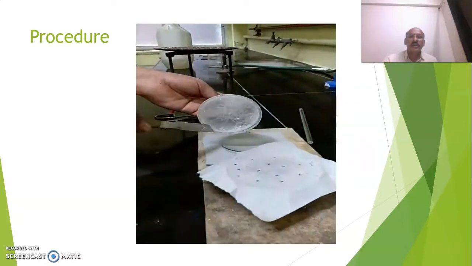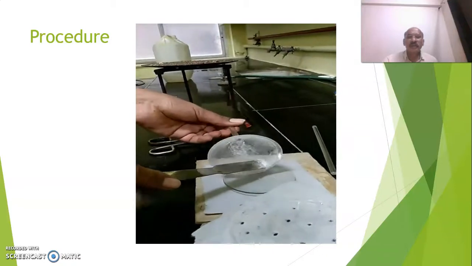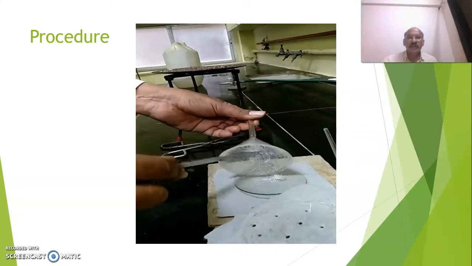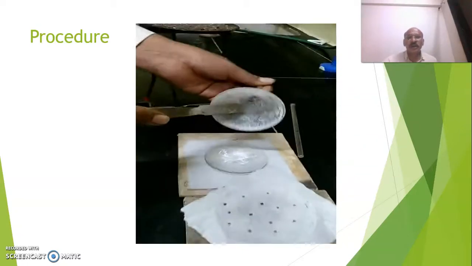Now you see, these are crystals of phthalic anhydride. No purification is required. No crystallization is required for this experiment, for this product.